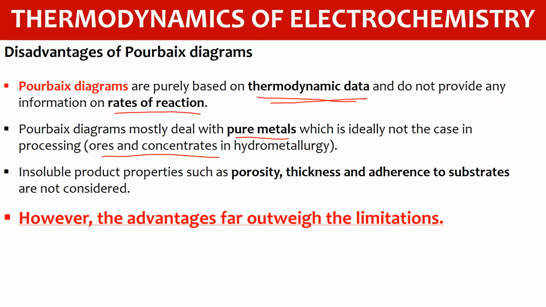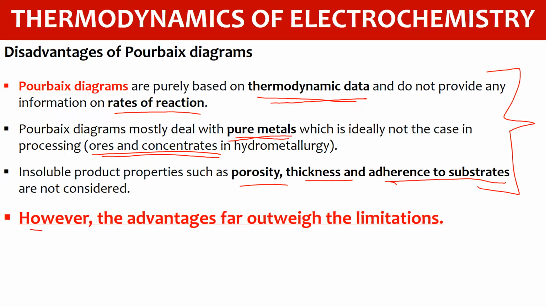In practice, you have a very low grade of ore compared with a pure metal. Then there are other properties, such as porosity, thickness, and adherence to substrates, that are not even considered when you are doing your Eh-pH diagram. So, in brief, these are some of the disadvantages of your Pourbaix diagrams.